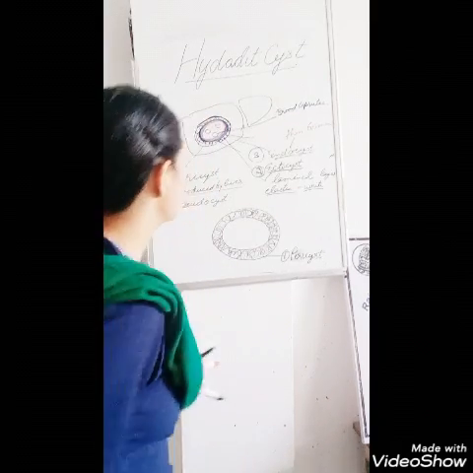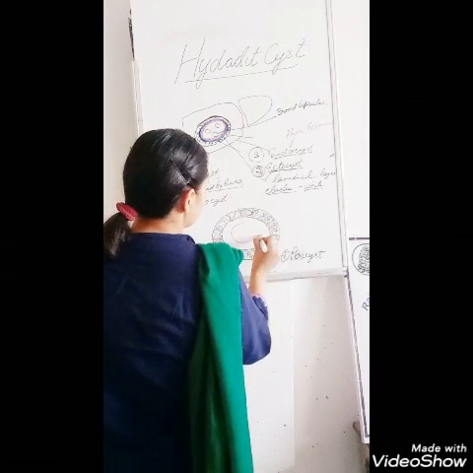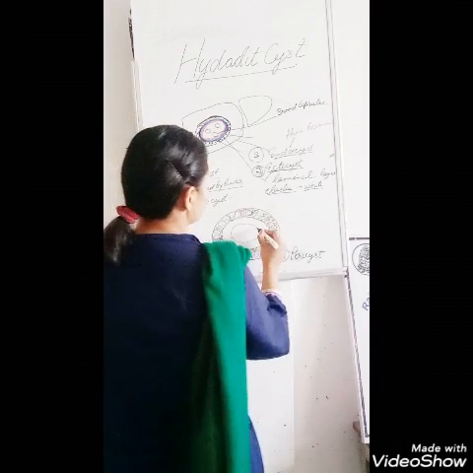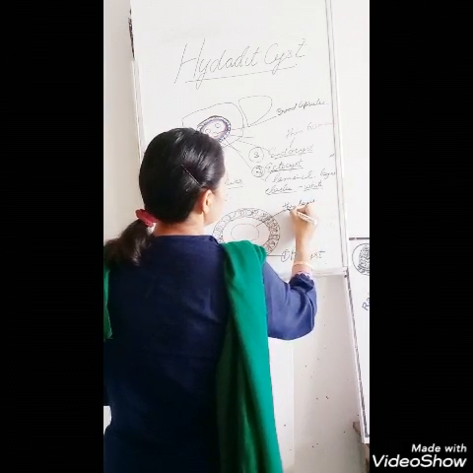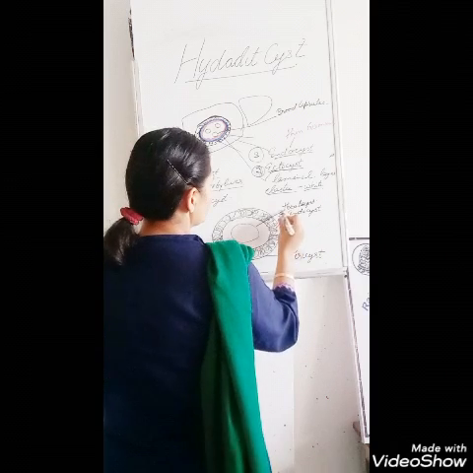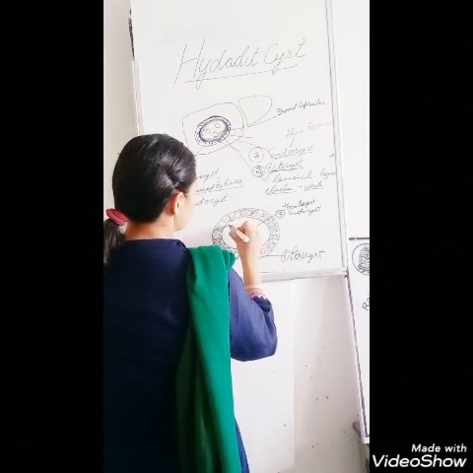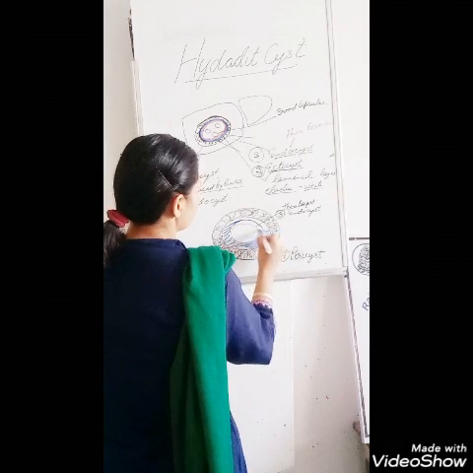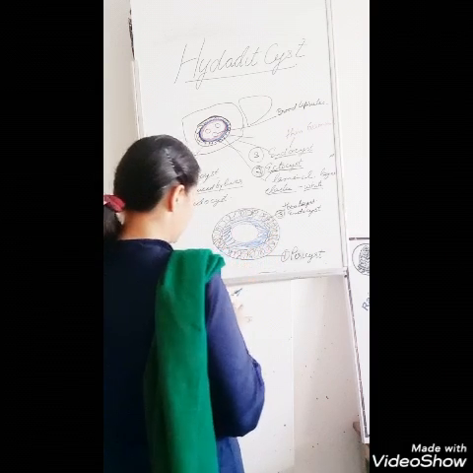Inside it has a germinal layer, a very thin layer known as the endocyst, the innermost layer. It has produced the laminar layer.